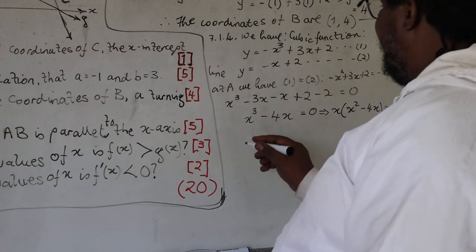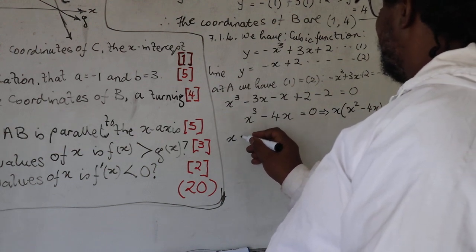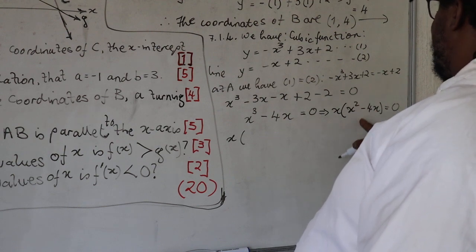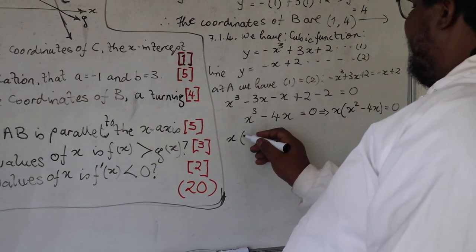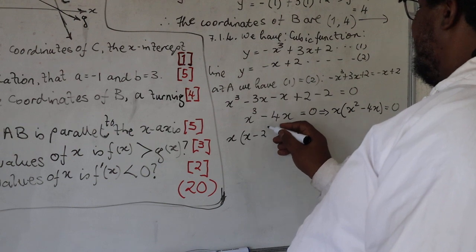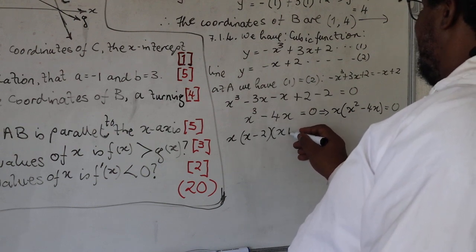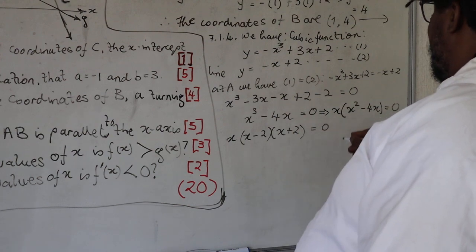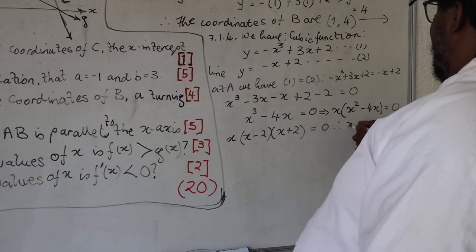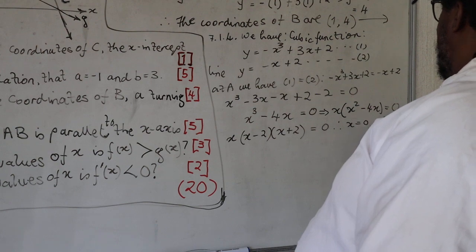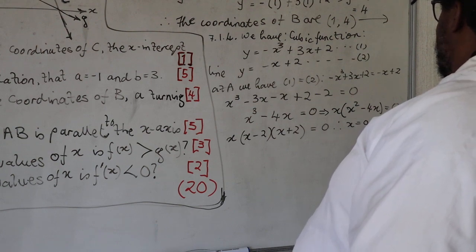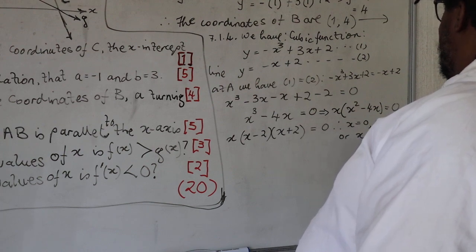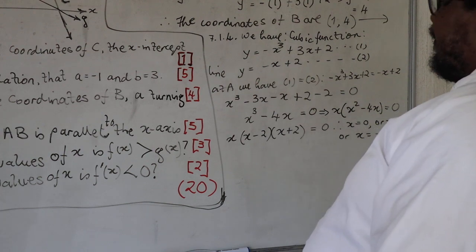And we factorize further, this is a difference of two squares, so we have x times (x minus 2) times (x plus 2) all is equal to 0, and therefore we have x is equal to 0, or x is equal to 2, or x is equal to minus 2.